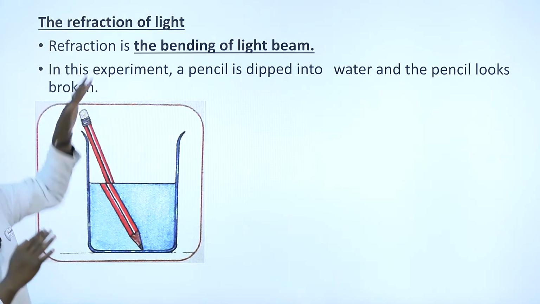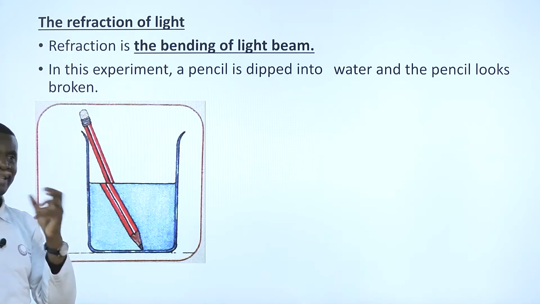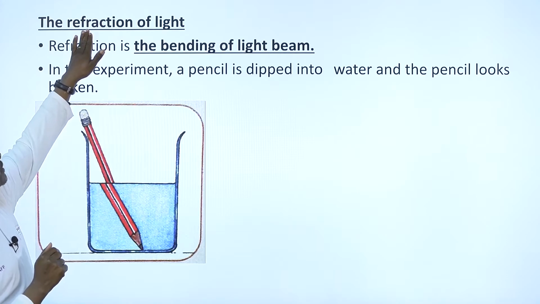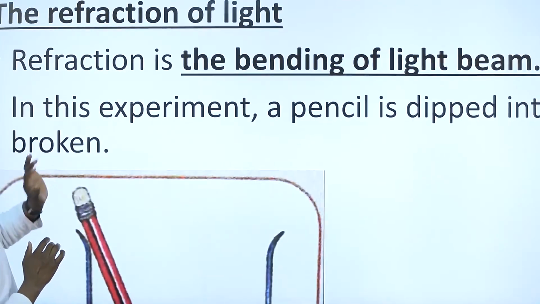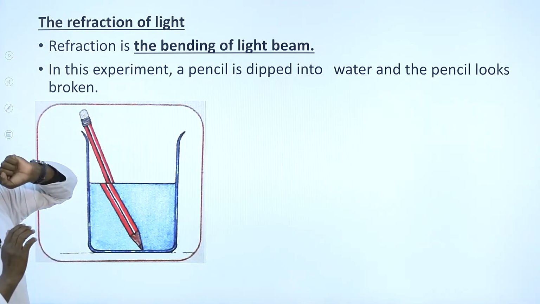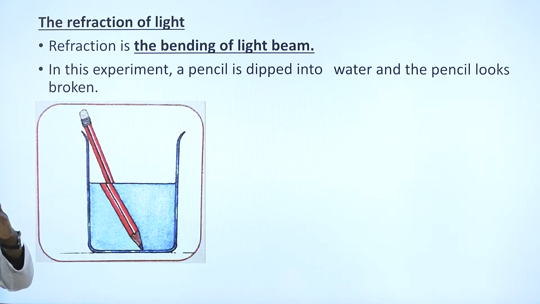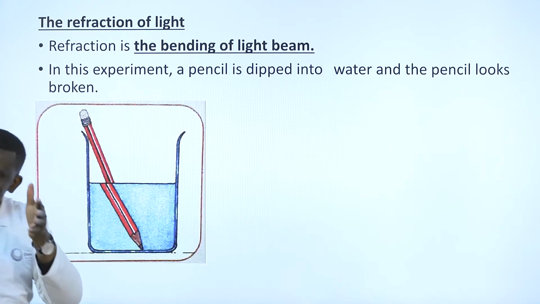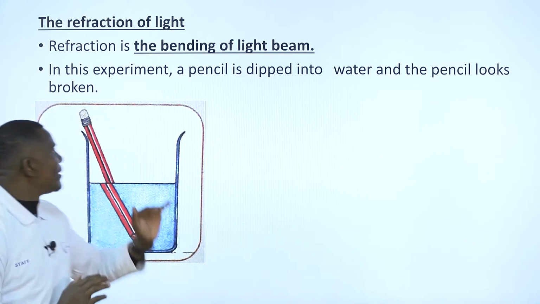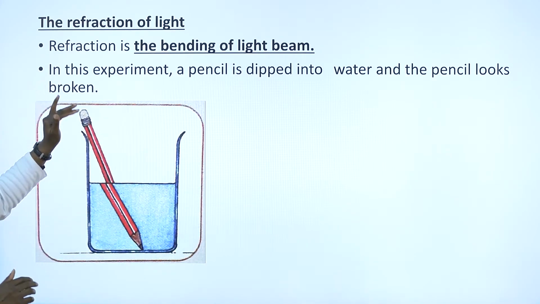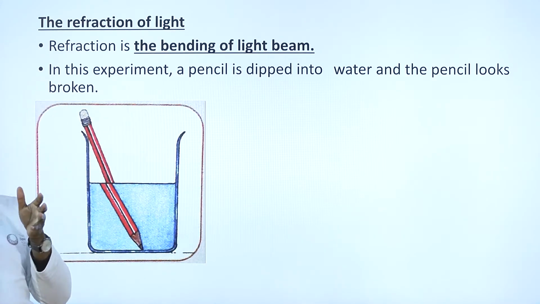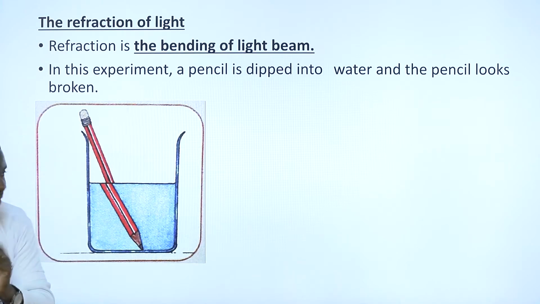There is a difference between deflection and refraction. This one has got an R, and we read it as refraction. So what is refraction? Refraction is simply the bending of light.